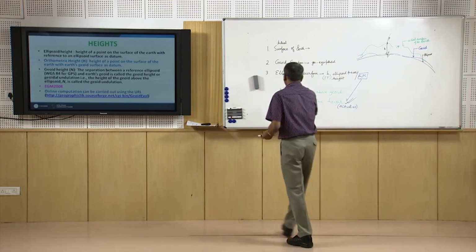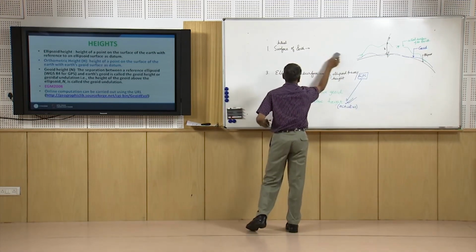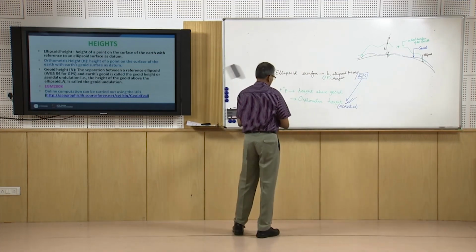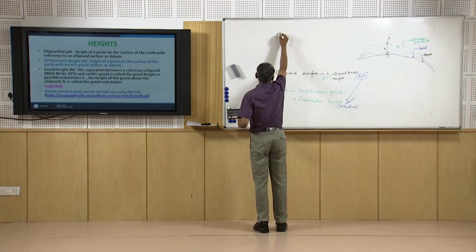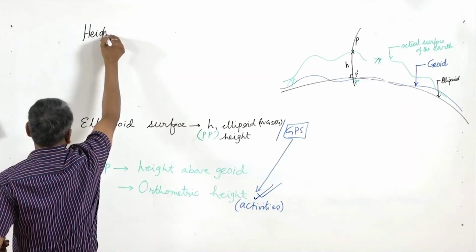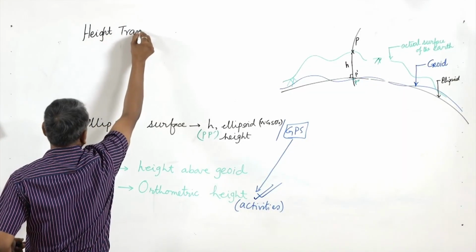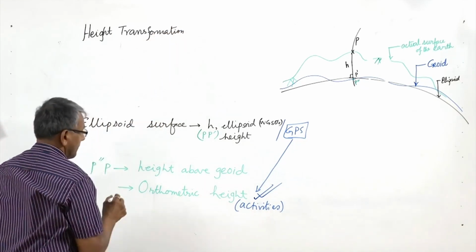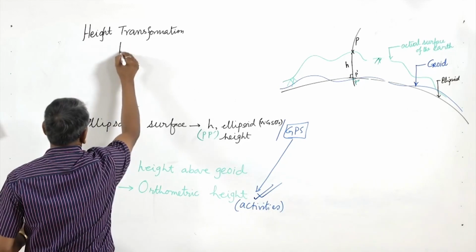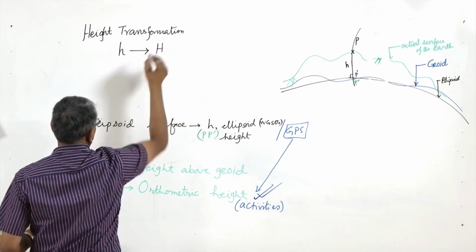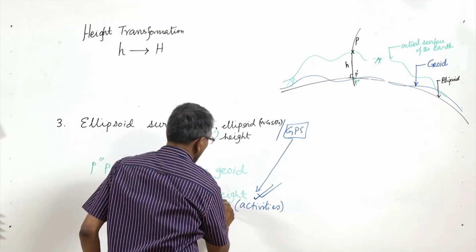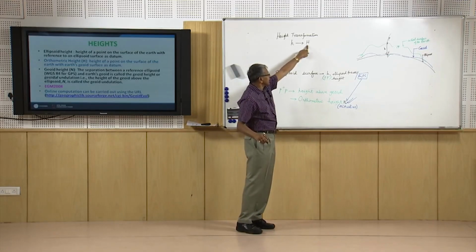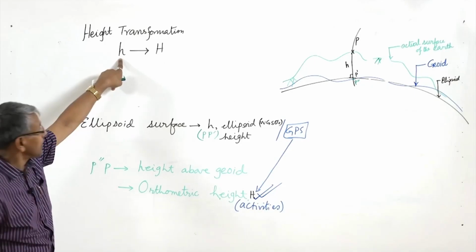Now in order to transform the height, the orthometric height is denoted by capital H, and the ellipsoidal height is denoted by small h.